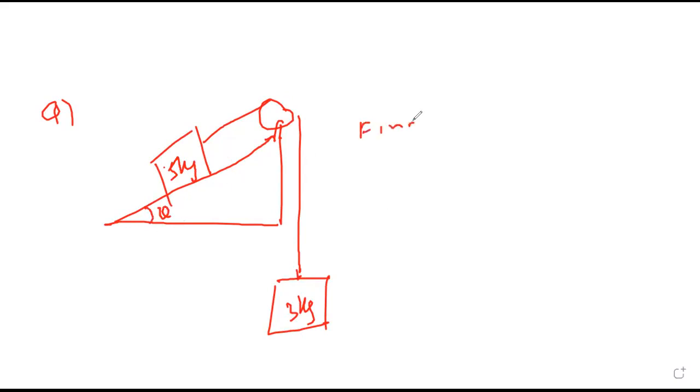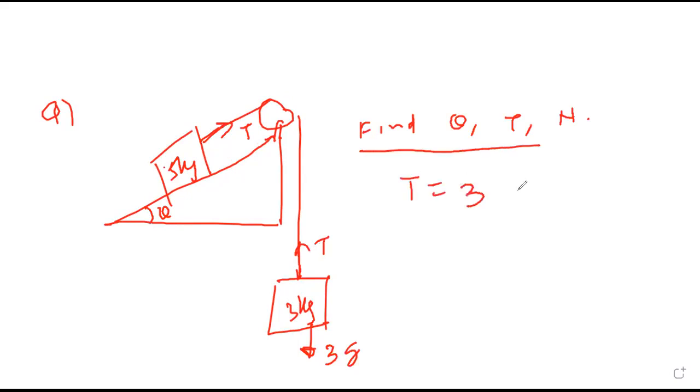So find theta, tension, normal reaction. Three things. Tension is acting away from the body. This will be 3g acting downward. So from this you can find T equals 3 times g, that means T equals 30 Newton. So at least you got tension.